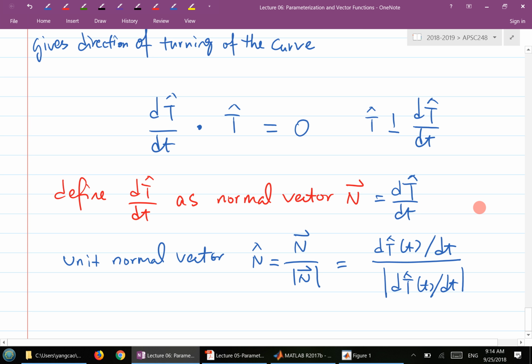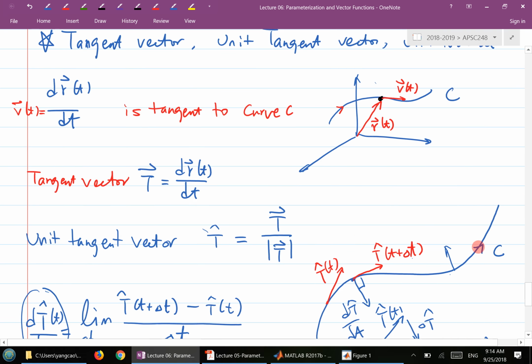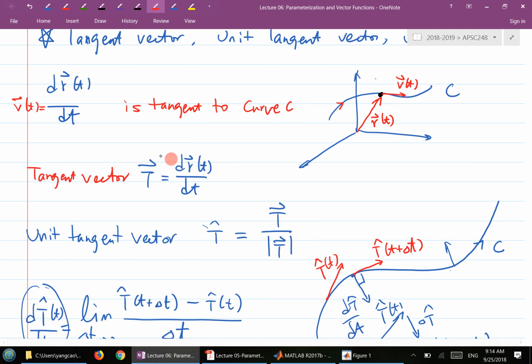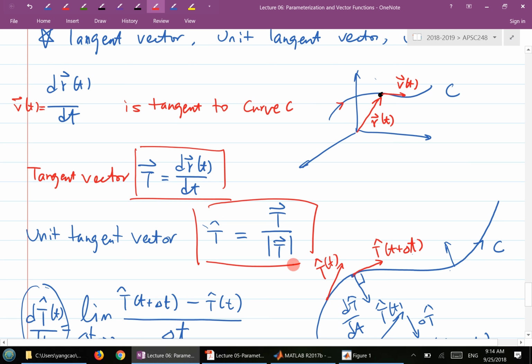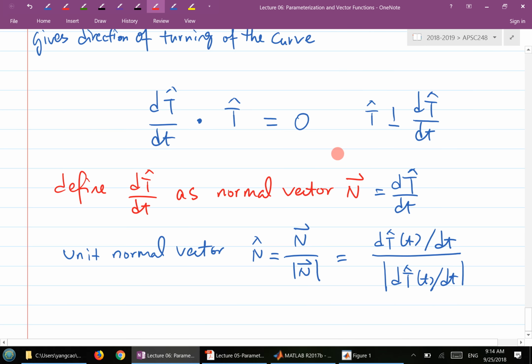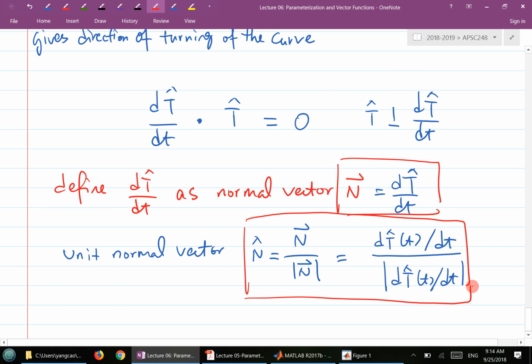So, in short, here's a couple of things I want you to remember. We're going to exercise here. Three expressions: What's the tangent vector? What's the unit tangent vector? And what is the normal vector? And what is the unit normal vector?